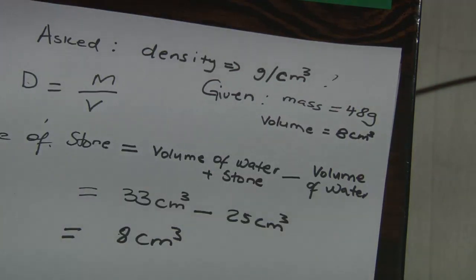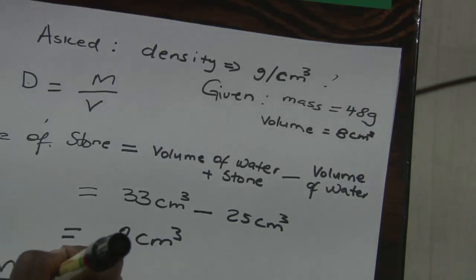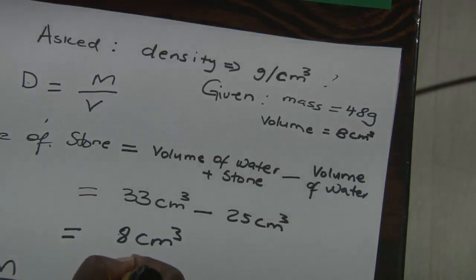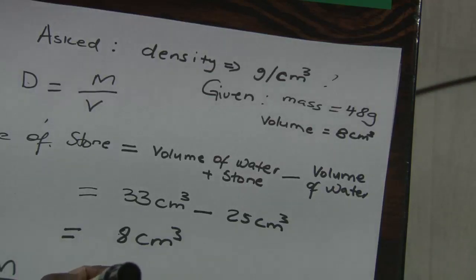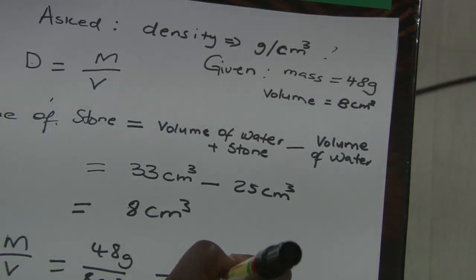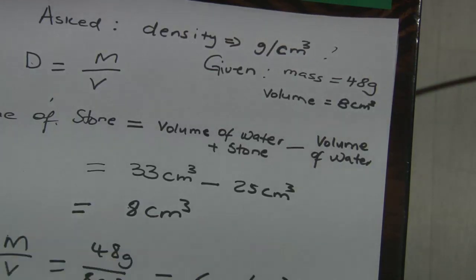Now we calculate the density. Therefore, the density is given by mass divided by volume, which is 48 grams divided by 8 cubic centimeter, and this gives us 6 gram per cubic centimeter.